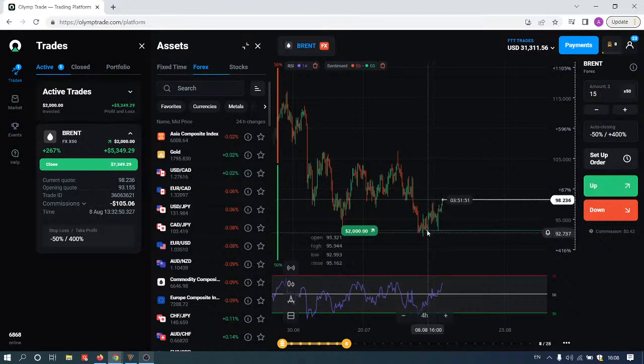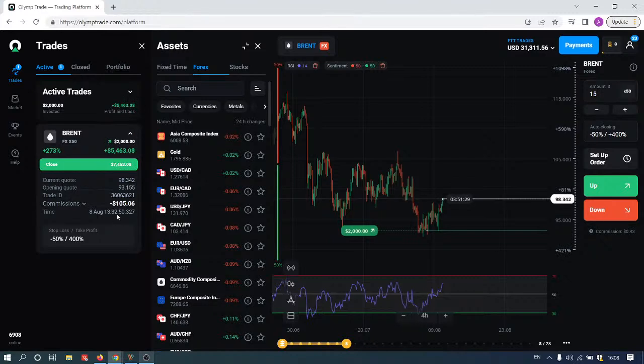I was trying to catch this dip, this bottom of Brent, and I couldn't, and I lost a few trades. But now I'm holding on to my winning position. Probably I will close it sometime soon, because now I'm making pretty good profit.